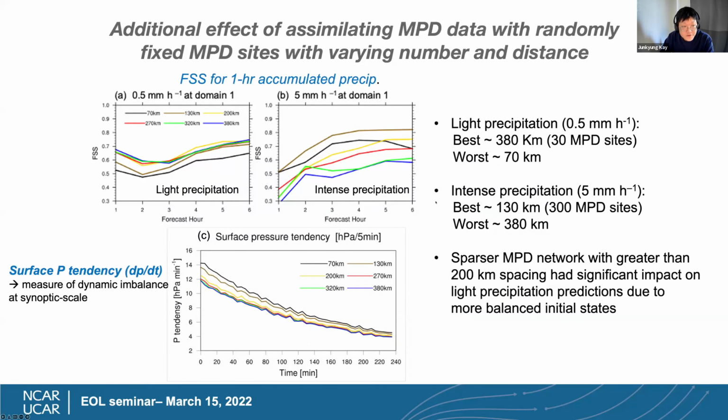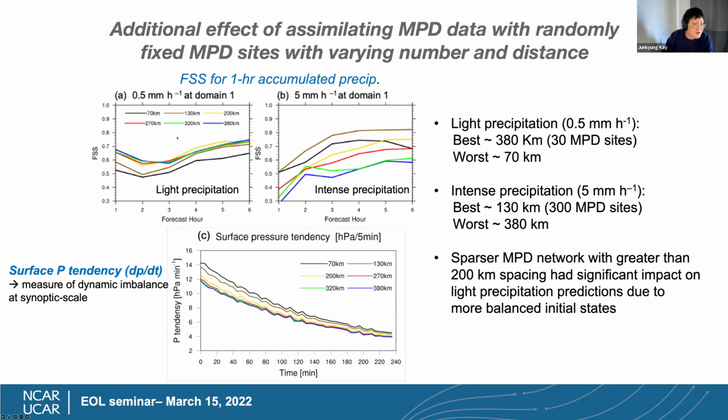Okay, this is the fractional skill score for the different configurations of MPD sites. The left figure shows the fractional skill score for light precipitation, and the right figure shows the fractional skill score for intense convective precipitation. The result shows that as the MPD spacing increases from 70 kilometer to 380 kilometer, the experiment predicts light precipitation better.